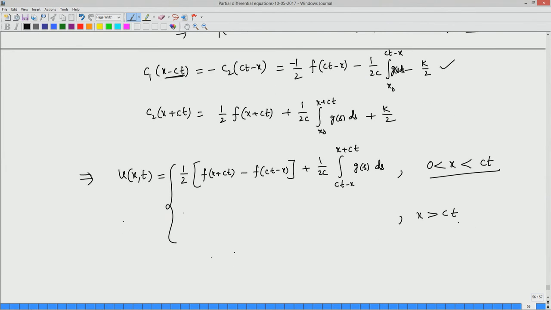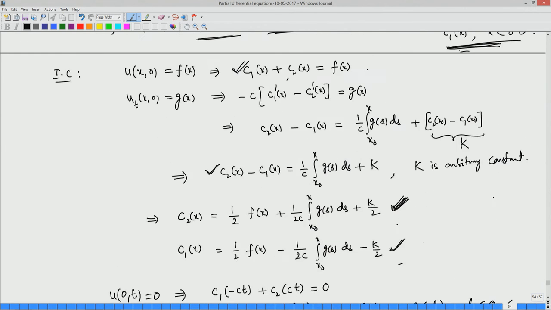That is the same as half of f of x plus Ct minus f of x minus Ct, plus 1 by 2c integral from x minus Ct to x plus Ct of g of s ds. This is exactly what we derived earlier.